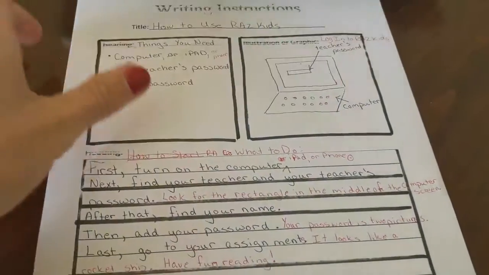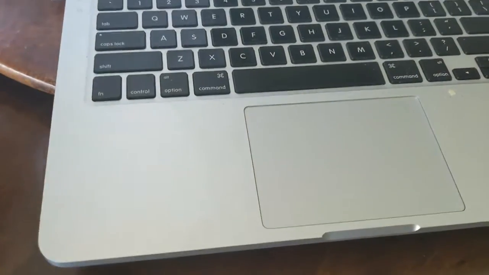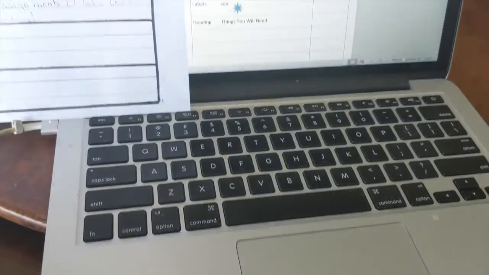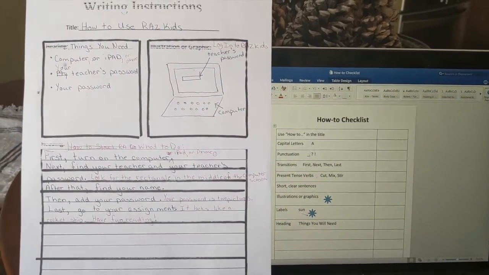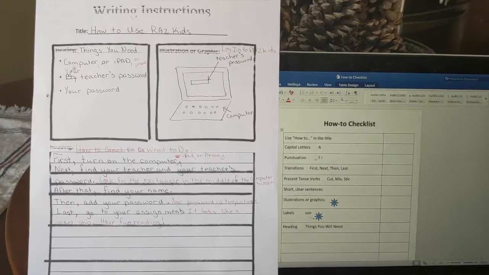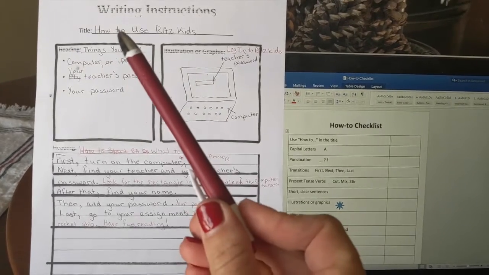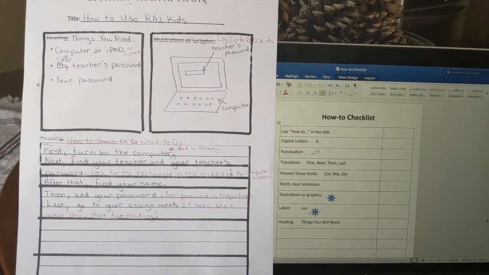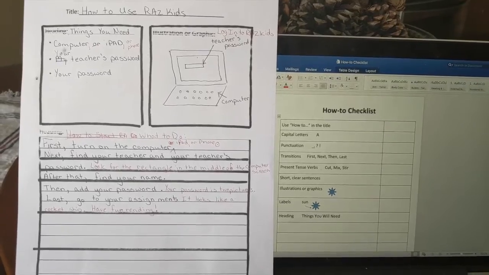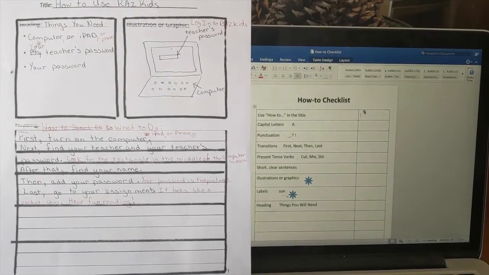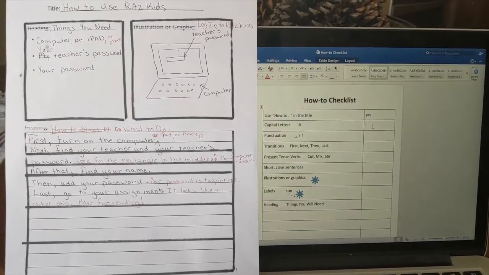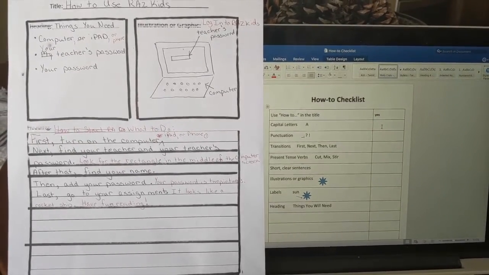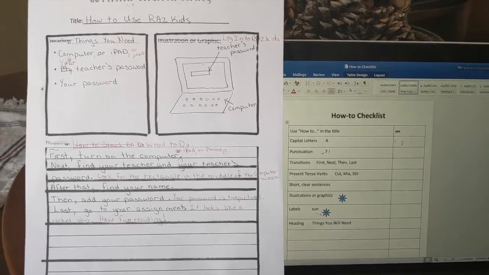So let's look back at the checklist. Okay. So I have use how to in the title. And you can see that I have that here. So on my checklist, I'm going to type yes. Okay. Did I start all of my sentences with capital letters? Yes, I did.